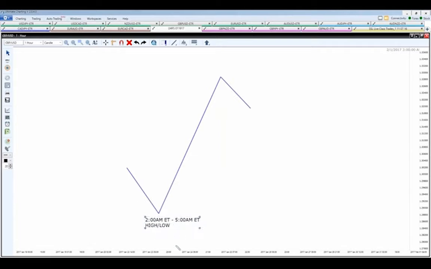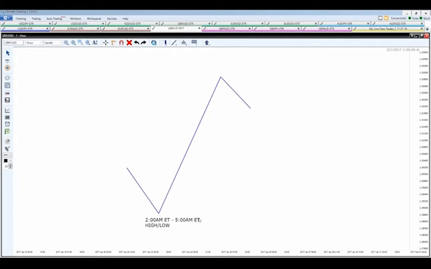The reason we're looking for the market to either pull back and form its low for the day and rally up, or rally up, form its high, and then pull back, is because, as I mentioned before, there are 3 different trading sessions in the market: the Asian session, the London session, and the New York US session.